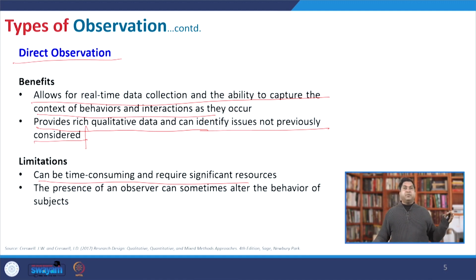Whereas if you have a camera installed there, capturing without making any intervention with the flow, then that can give certain naturalistic behavior. But there are also challenges. Whenever people know that they are under surveillance, they probably act differently.